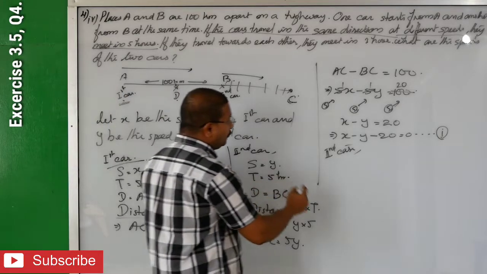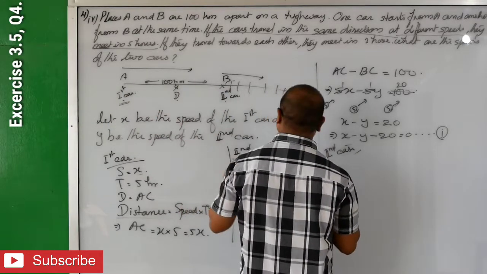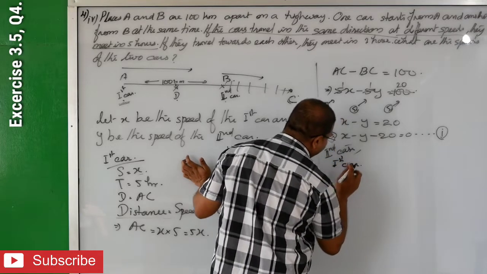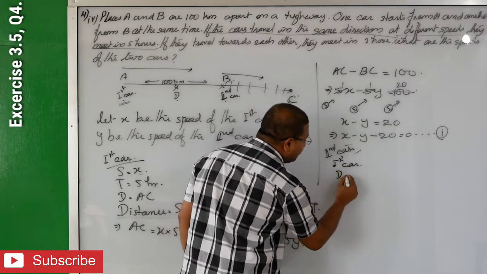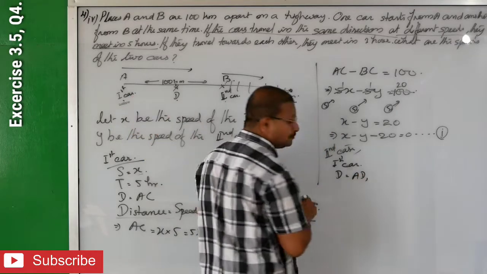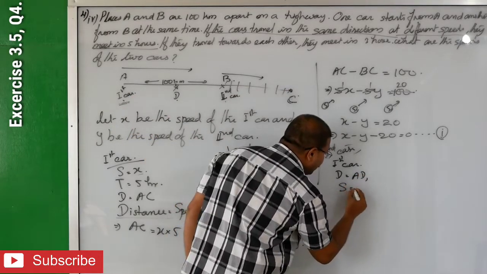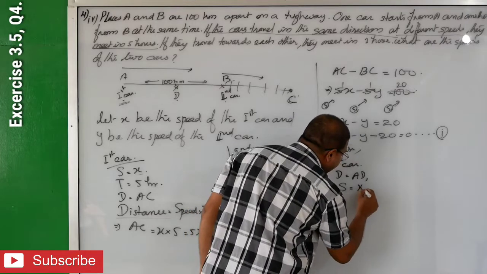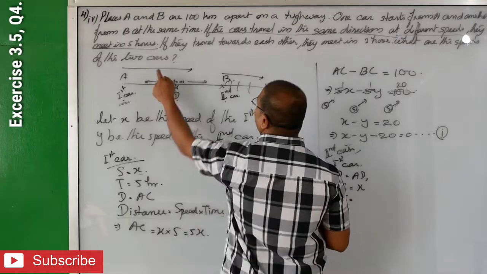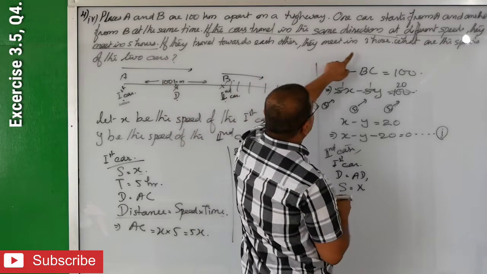Ready? So the first car, what will happen? The first car's distance will be AD. And the speed, we know that the first car's speed is x. Time is 1 hour, isn't it? 1 hour each.